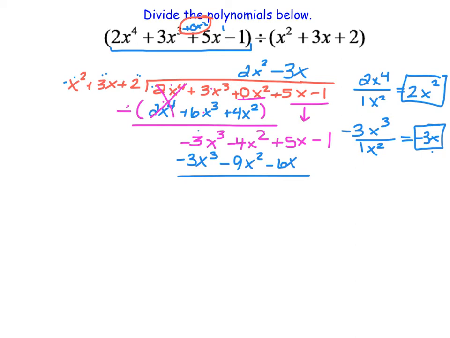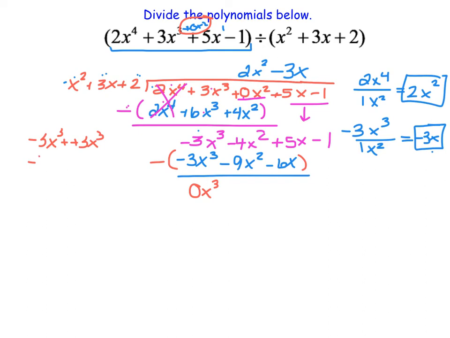So what we're going to do again here is we're going to subtract that term in blue from the terms in purple. So if you need to write them off to the side to help you with the negatives, that's okay. So we have negative 3x cubed minus negative 3x cubed. Well, keep, change, that becomes 0x cubed.